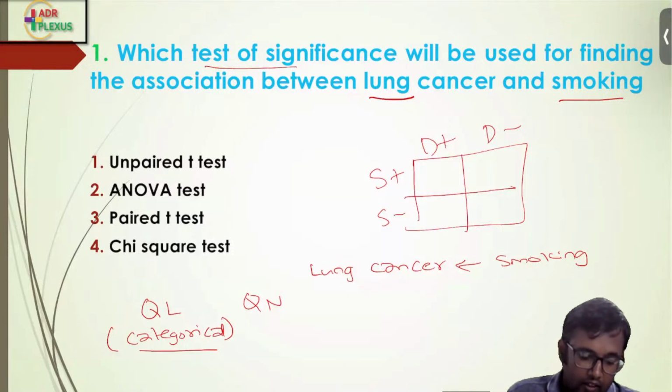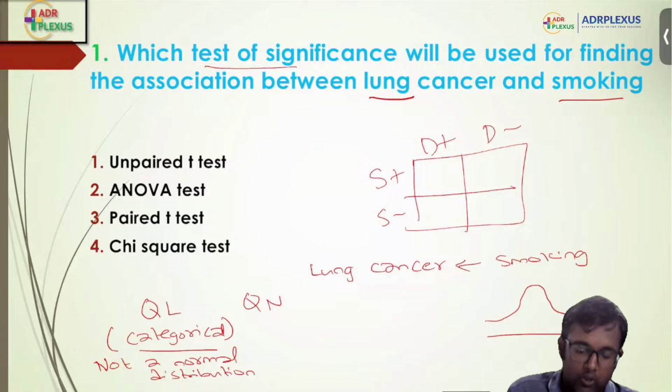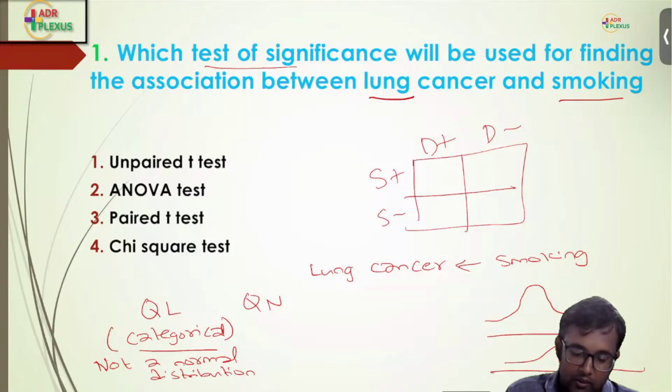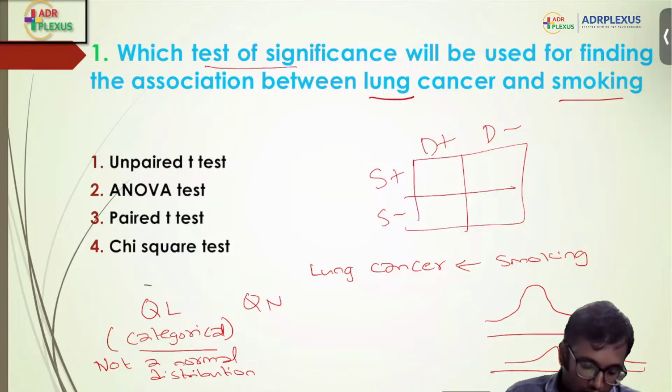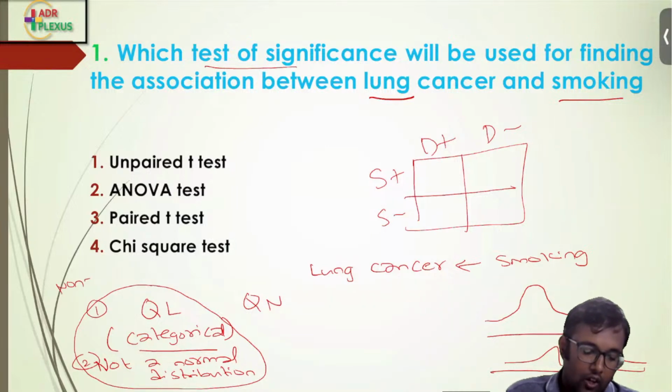So categorical data, or data with a not normal distribution. See, this is called a normal distribution, a bell-shaped curve. In case it is a non-normal distribution, then for all these qualitative data, not a normal distribution, we use what test? Non-parametric test.